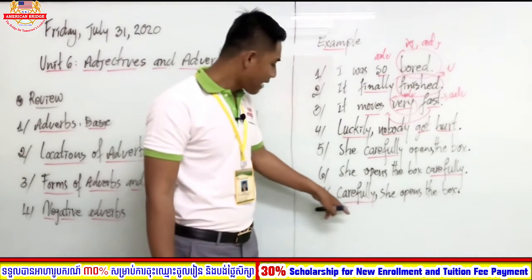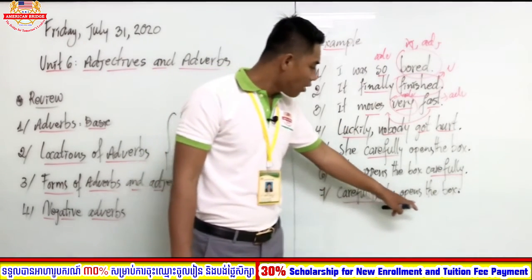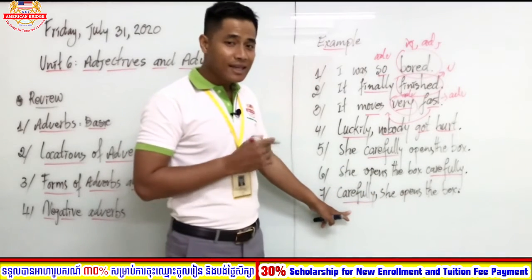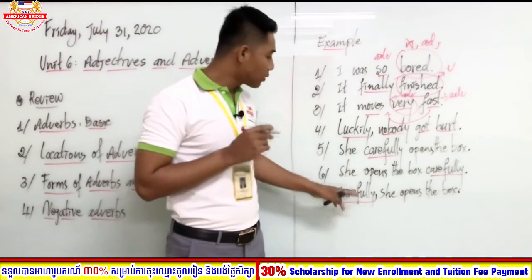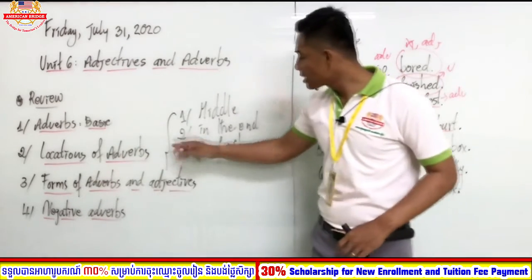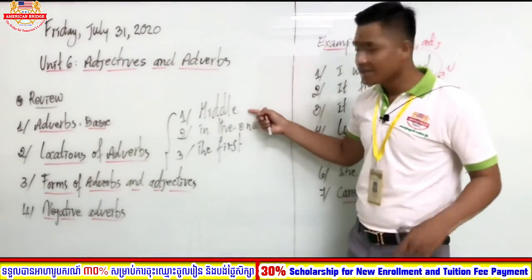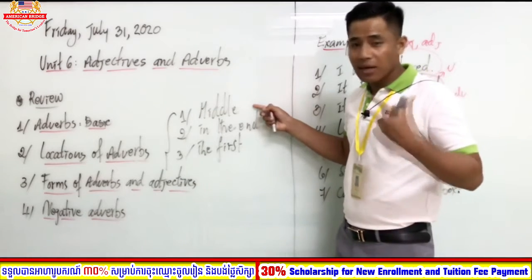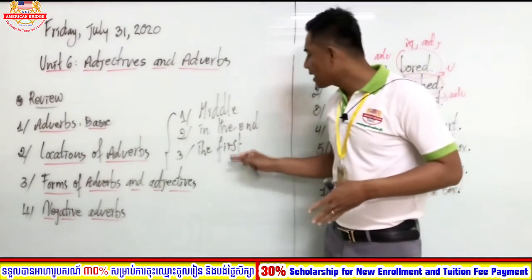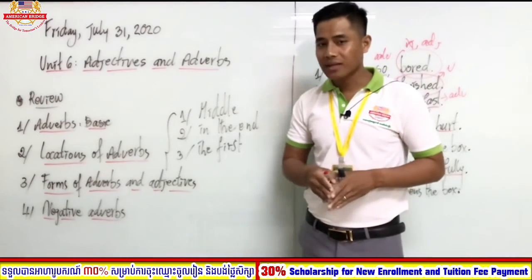Number 7, carefully, she opened the box. Look at carefully here: it is at the beginning of the sentence. So these are the locations of adverbs: it can be in the middle of the sentence, at the end of the sentence, or at the beginning of the sentence.